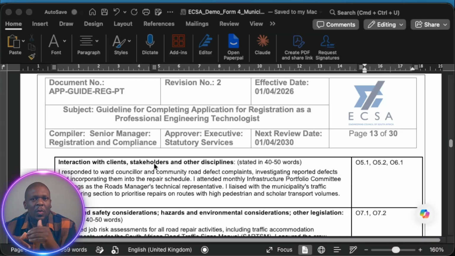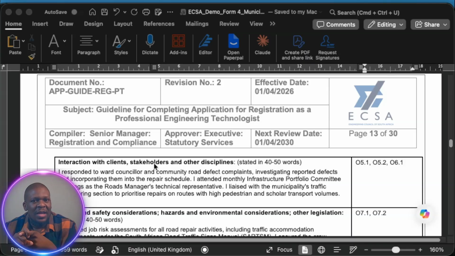And you prepare an investigation report in terms of the defect, which you've already done during your condition assessment. I attend the monthly infrastructure portfolio committee meeting, which is chaired by the road manager, and you, as the person in operation and maintenance, then report the progress that you make.